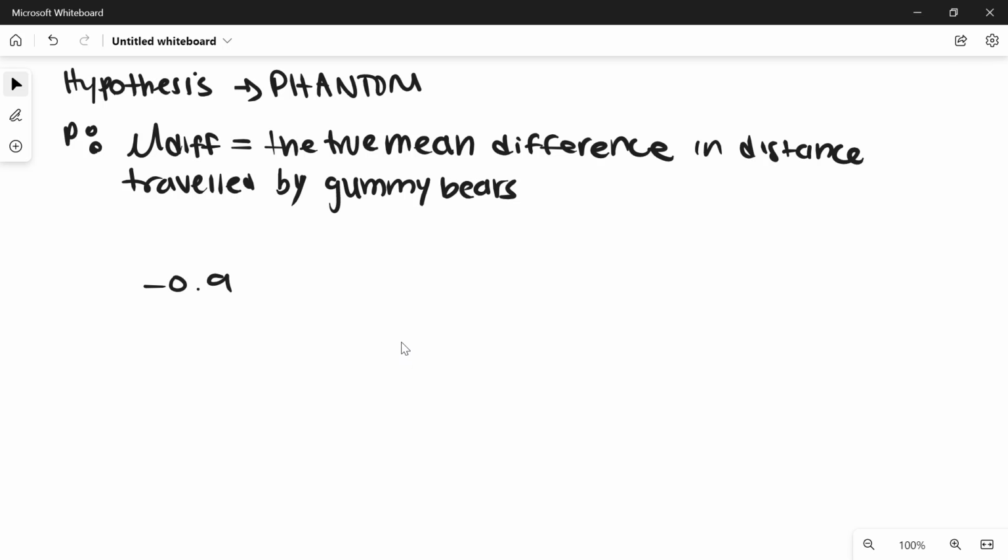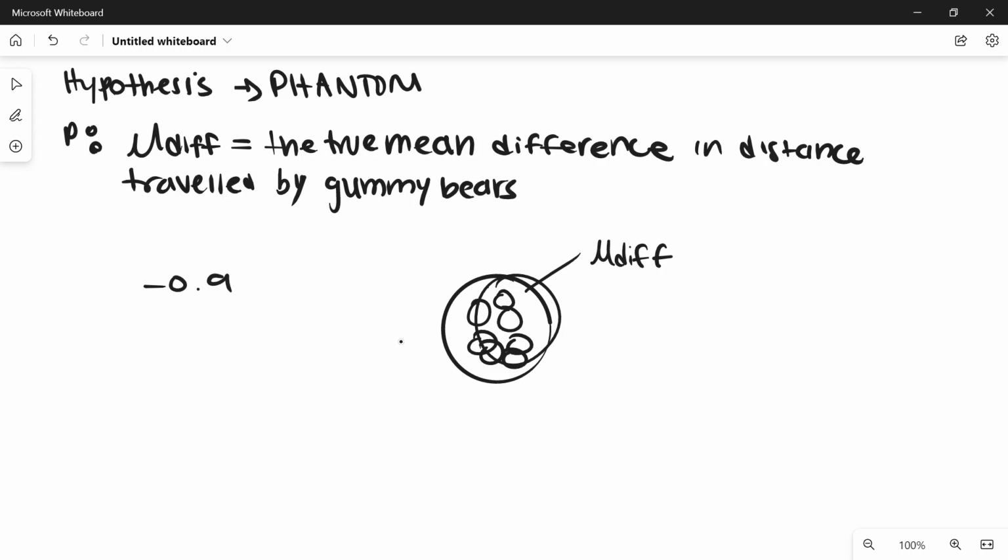But what we're trying to do is find the true mean difference, because that mean difference we calculated from a sample. We have the population of gummy bears, and we have a lot of gummy bears. But we take a sample of those gummy bears and find the mean difference between the two treatments.